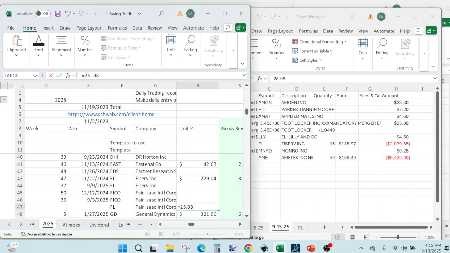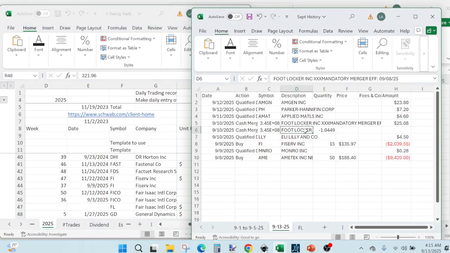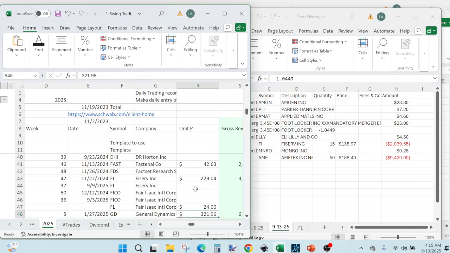I'm going to divide it by 1.0449 shares. Yeah, that'll give me how much they pay per share.